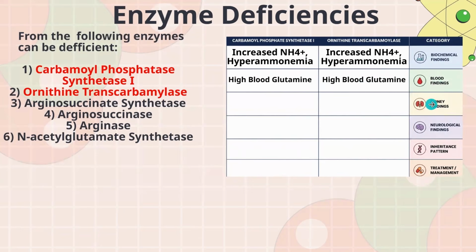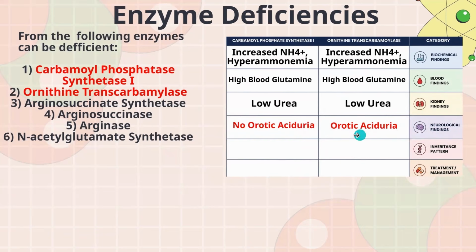The kidney findings, because they're also dysfunctional: there's low urea to begin with, and because of that there's an impaired urea cycle. However, this is the most important part I want you to focus on. The neurological findings: here you have no orotic aciduria, and I'm going to talk about it in a second.